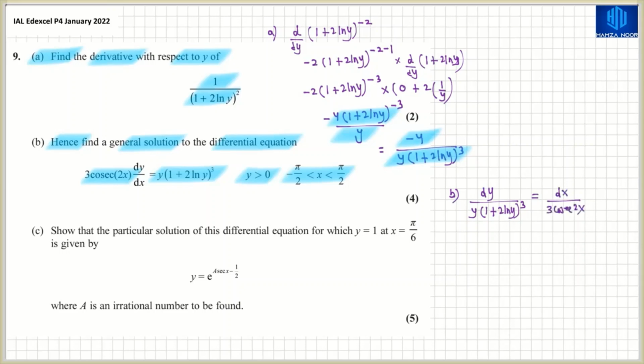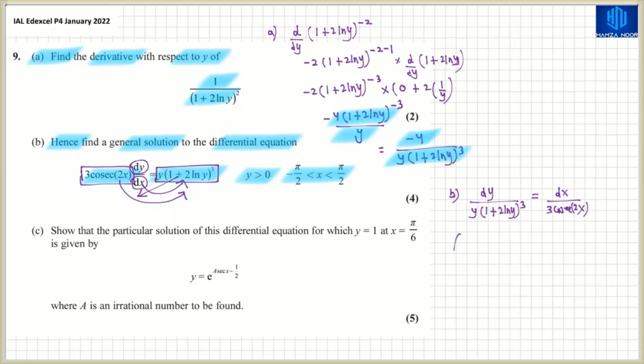So dy is over here, and the complete expression y multiplied by (1 plus 2 ln y) whole cube comes down, dx goes up, and 3 times cosec 2x comes down underneath dx. In this way, I have separated the variables.